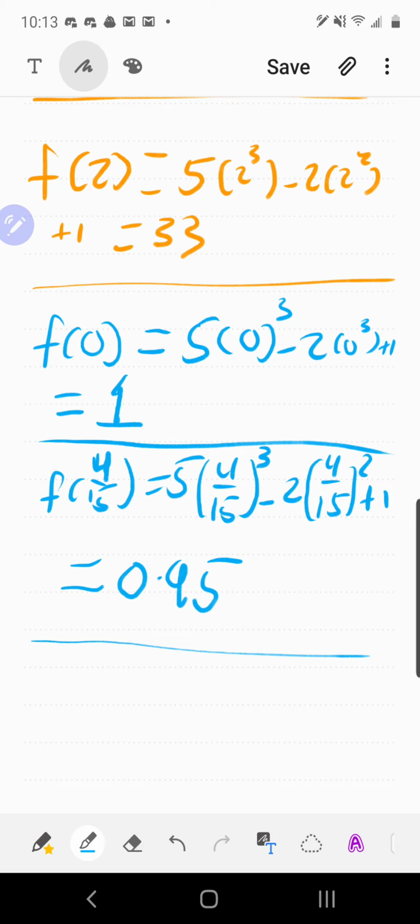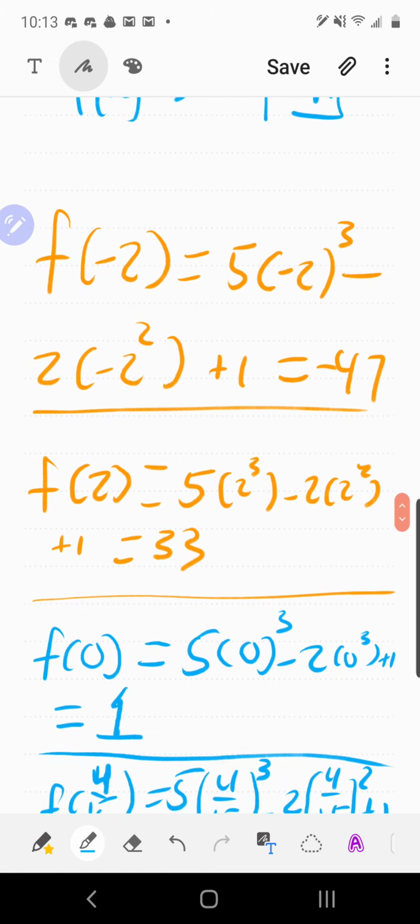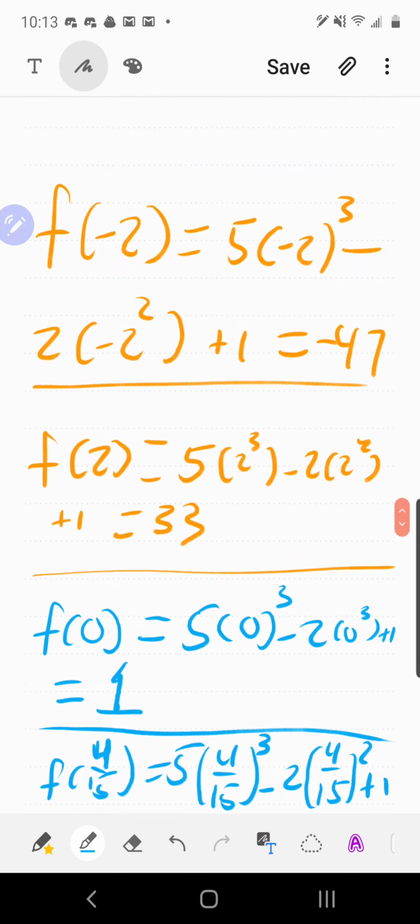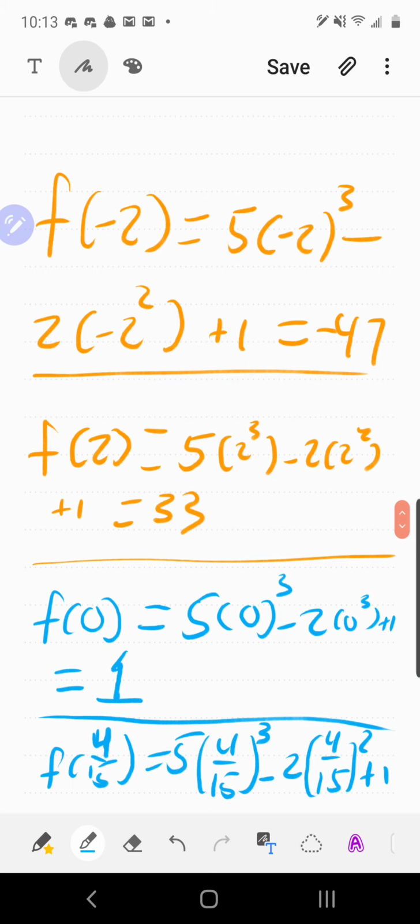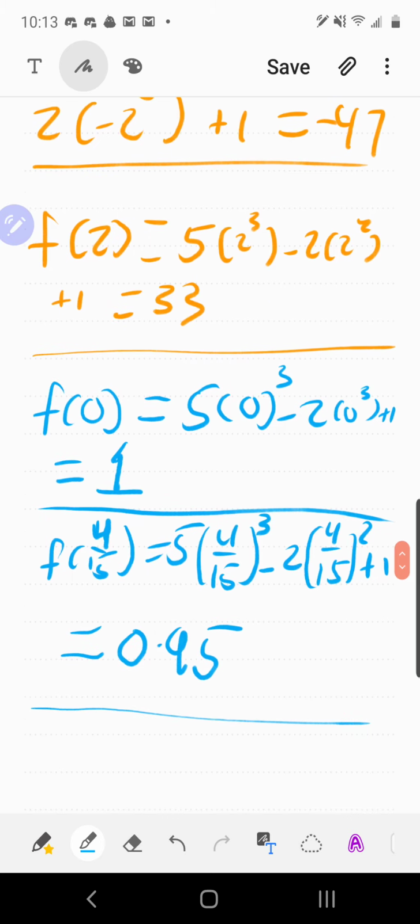Because they're being defined inside the two endpoints, the function evaluation is in between 47 and 33. We have 1 and 0.95 are both in between 47 and 33, so we know that they are contained between the two endpoints.